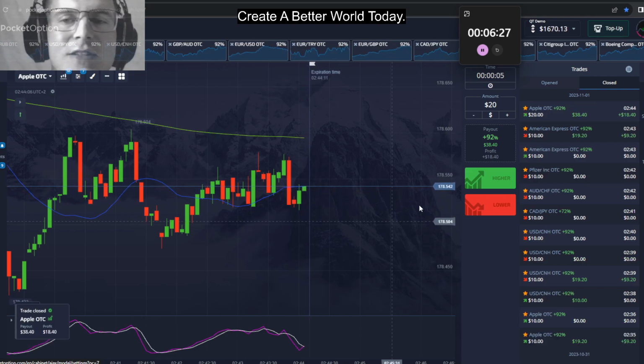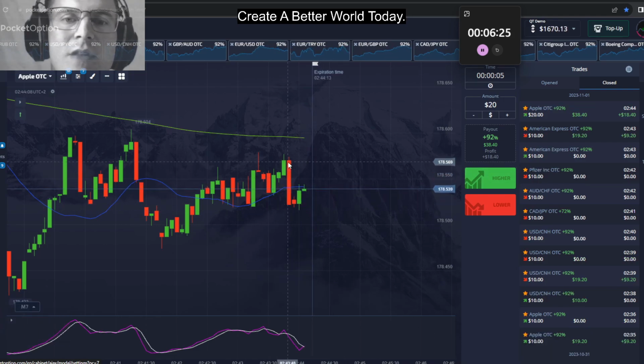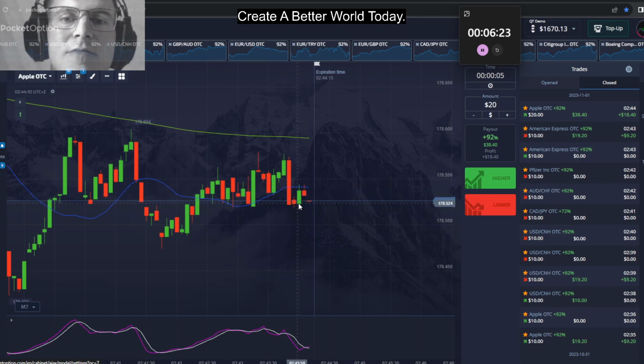We'll try a new session here, change the amount to 20. So that was a big candle, a little bit of hesitation, and then a reversal that worked out.